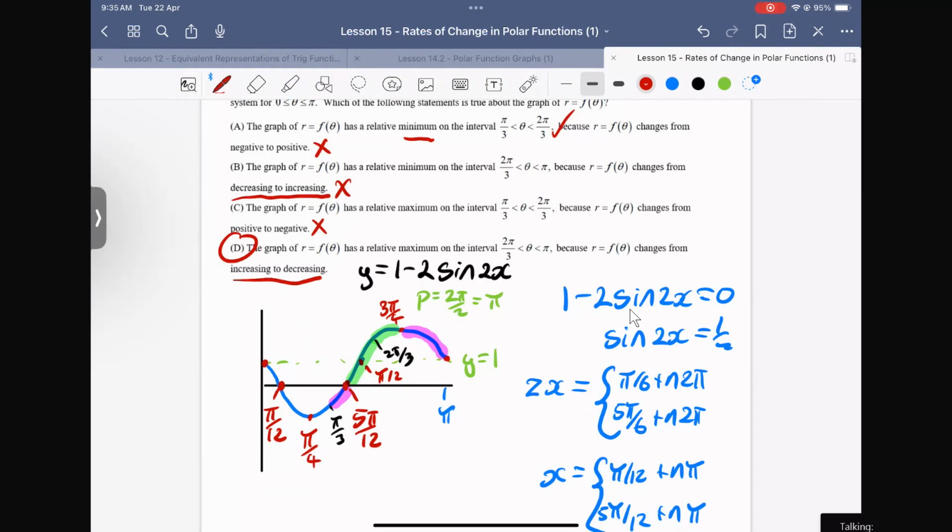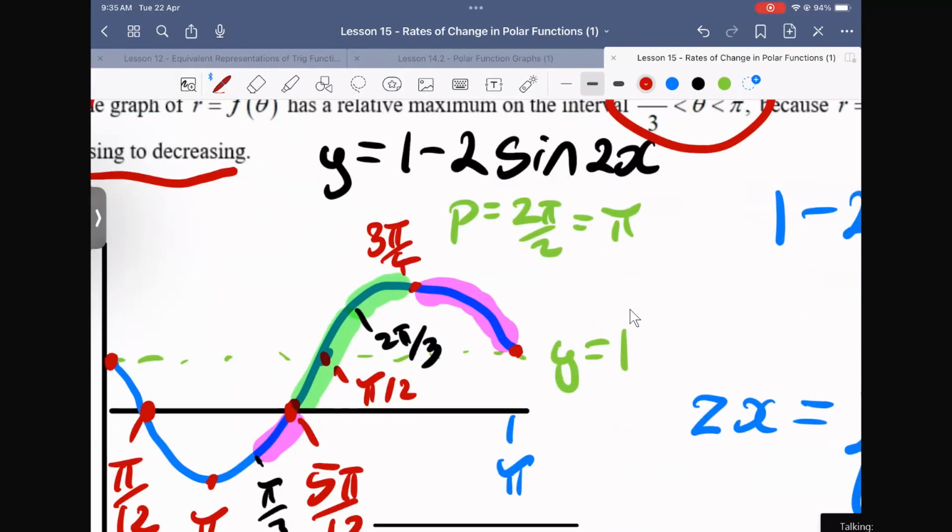I'm a little bit all over the place on this. Let me just clarify. I got the interval. So the interval that we're looking at is 2 pi over 3 to pi. So from 2 pi over 3 to pi, it's this one. This will be a maximum because the distance is at its greatest. Here at this point, the distance is at its greatest.